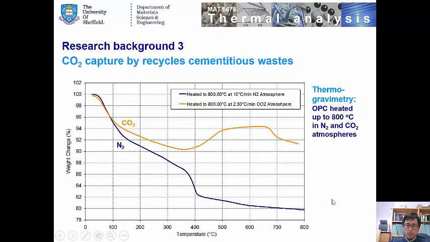This is data actually obtained using something called thermogravimetry. This is one of the thermal analysis techniques we are going to study, and probably you don't know how to read these data at this stage, but hopefully after going through all these units, you will understand how these data can be read and what kind of information you can obtain.